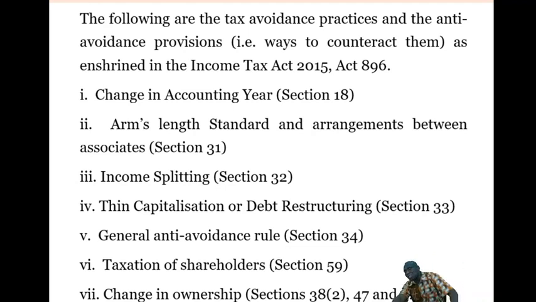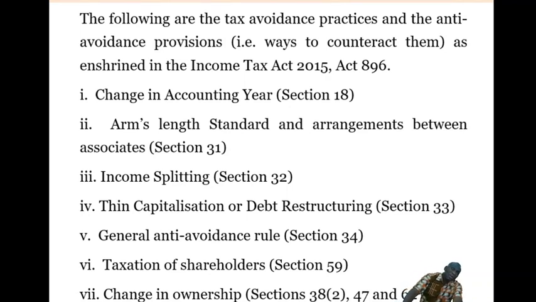So let's go again. What are the various tax avoidance practices in the Income Tax Act? In the Customs Act, they normally fall under the general anti-avoidance rule. We have the arm's length standard and arrangement between associates, very important. Income splitting. Thin capitalization or debt restructuring, section 33. So the first one, change in accounting year, section 18.